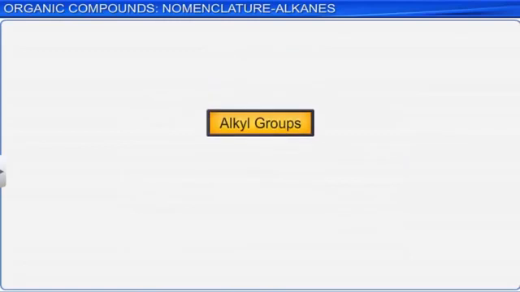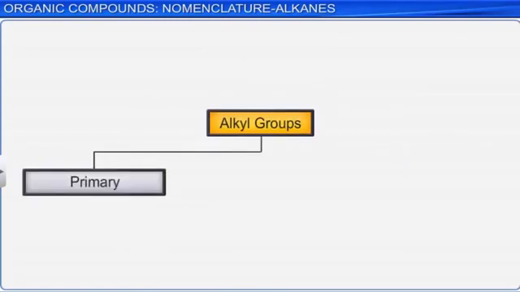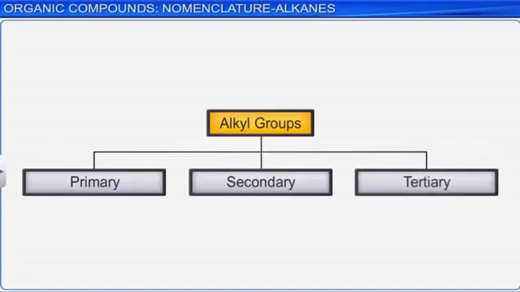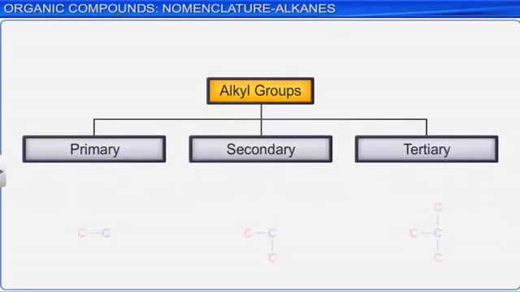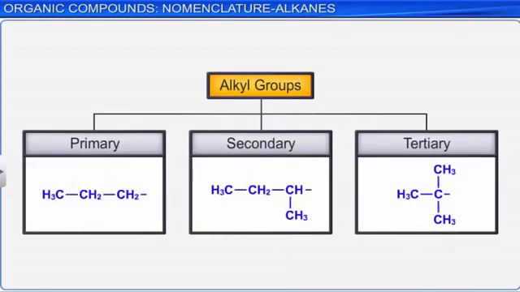Alkyl groups are called primary, secondary, or tertiary based on whether 1, 2, or 3 other carbon atoms are directly attached to the carbon atom in the chain. Alkyl groups derived from the saturated hydrocarbons having minimum 3 or more carbon atoms can have the following possible branched structures.